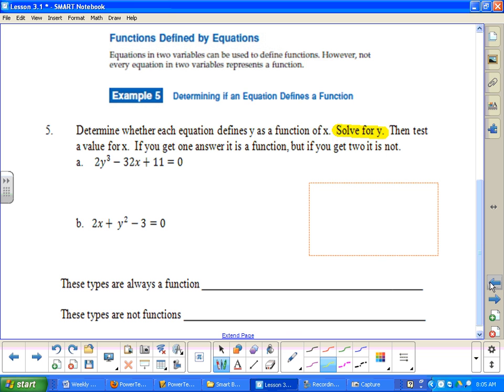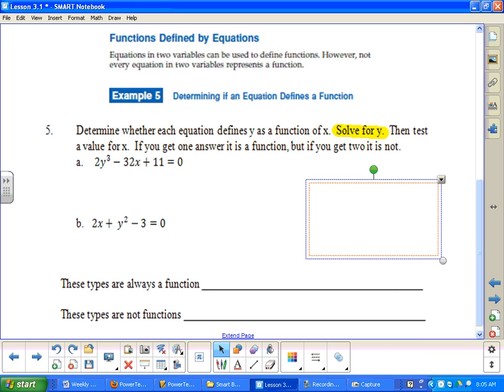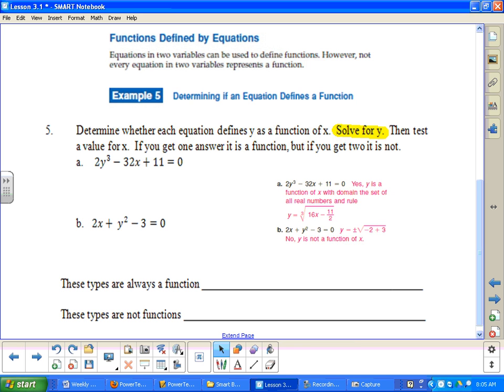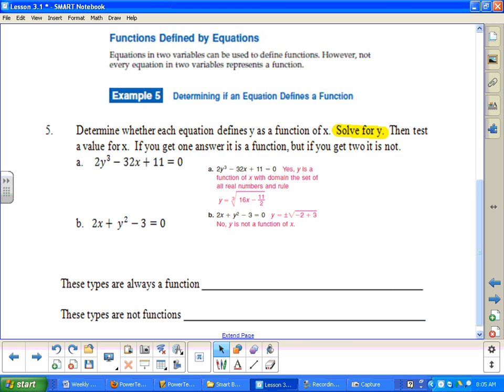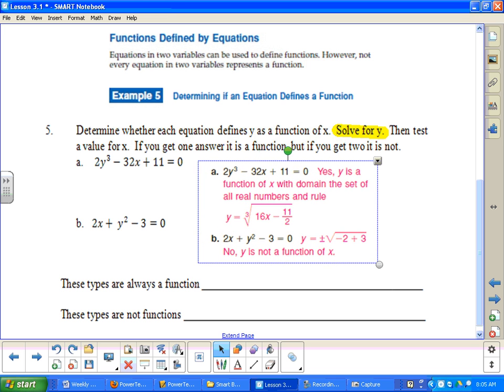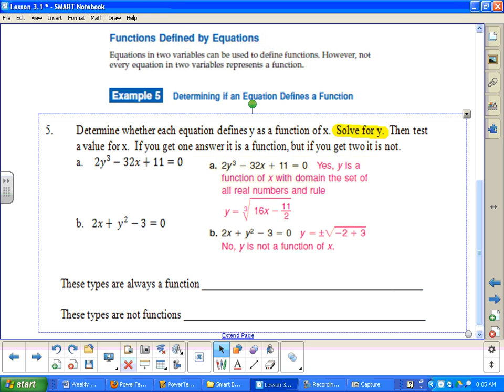So for letter A, if you solve that, you get y equals the cube root of 16x minus 11 halves.